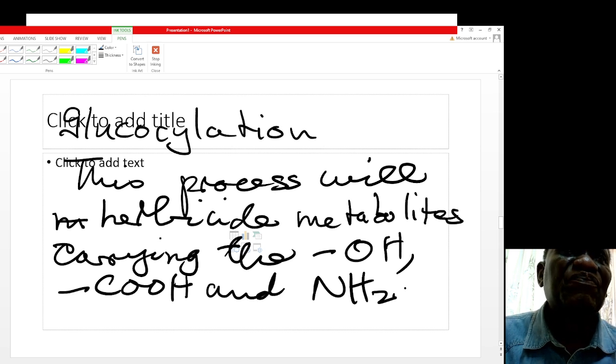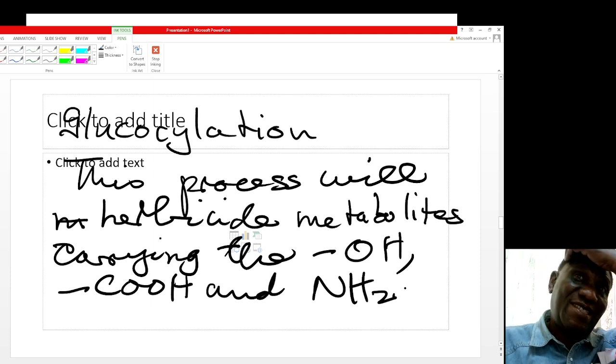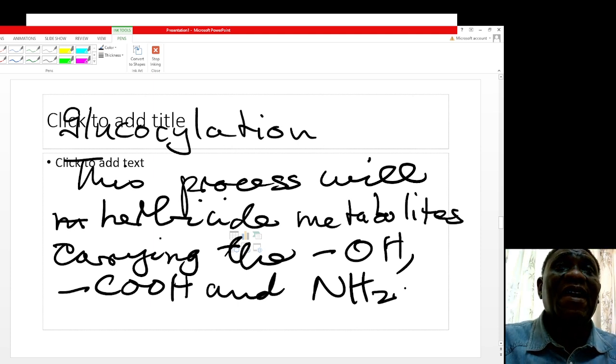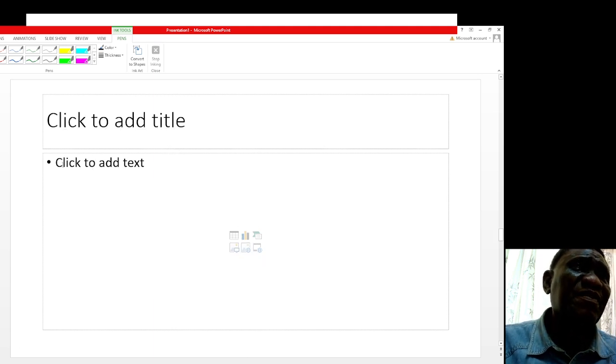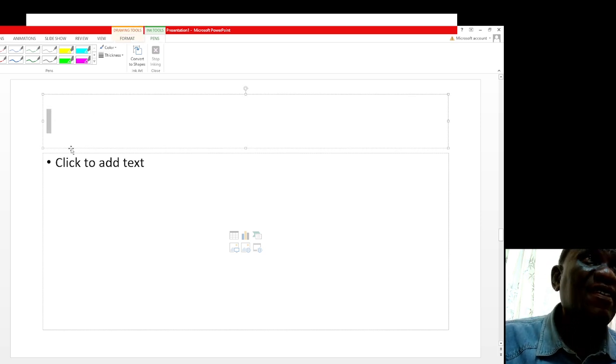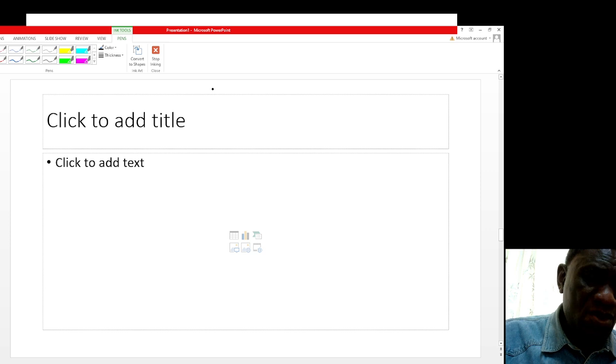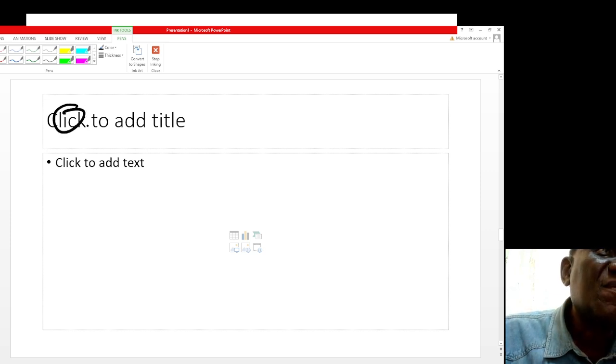Now we're going to unpack these three reactions. We will start with the OH one. It is known as the O-glucosylation.